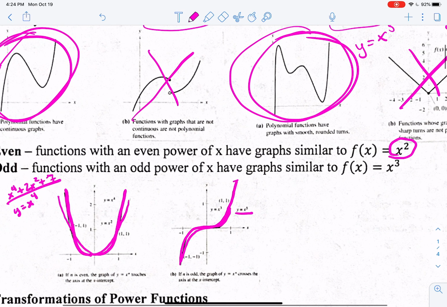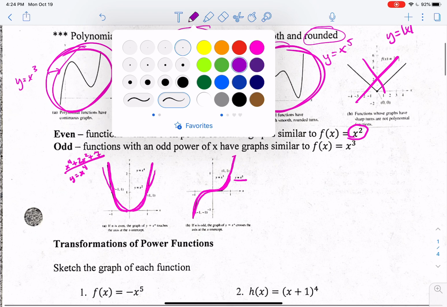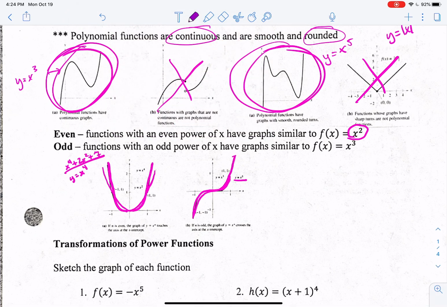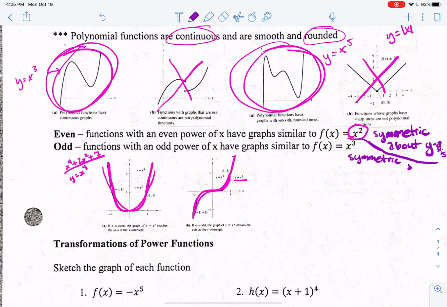Even and odd functions, one more thing that I will add to this: it's an even function if it's symmetric about the y-axis. And it is an odd function if it's symmetric about the origin.